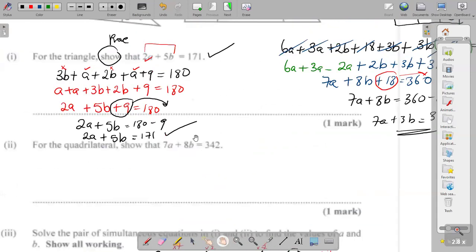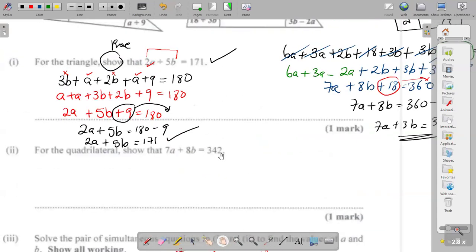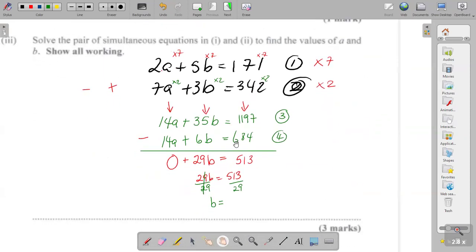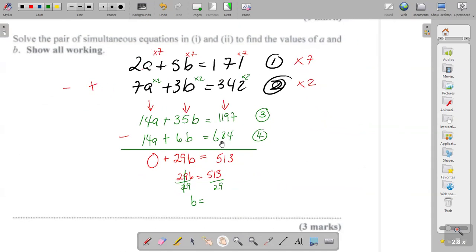And these are the numbers they gave us, right? 171, 342 is this as well. So when you subtract this, that's correct. 35 minus 6 is 29, right? And when I subtract that, that's correct as well. 513 is right.